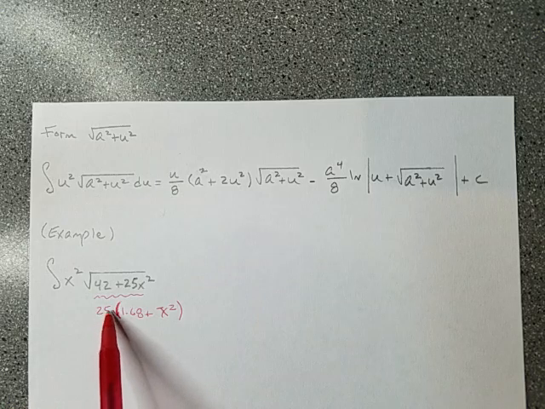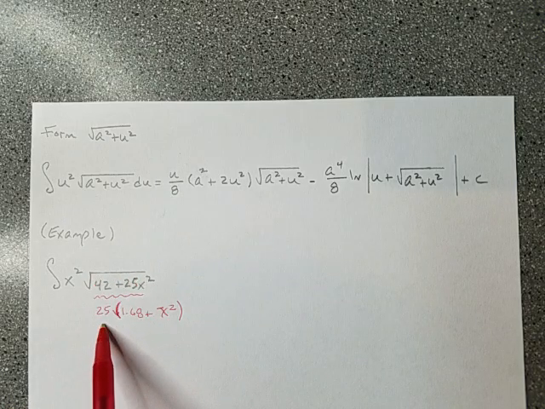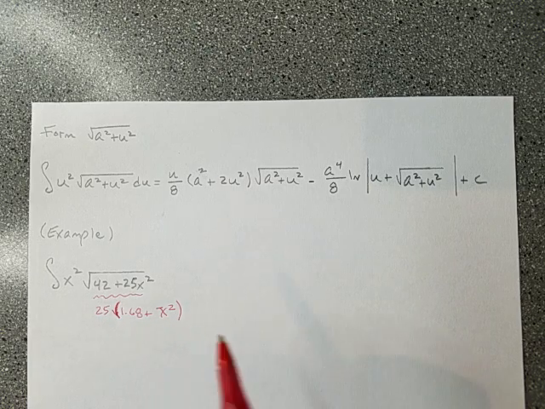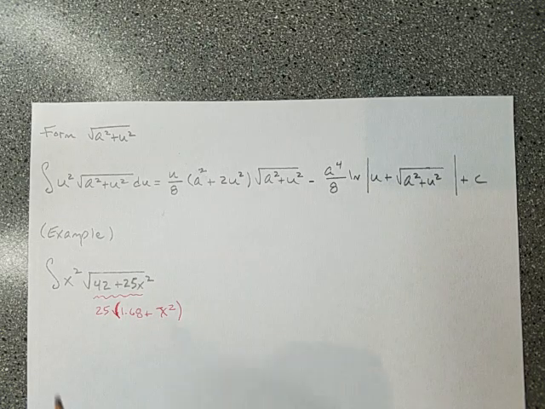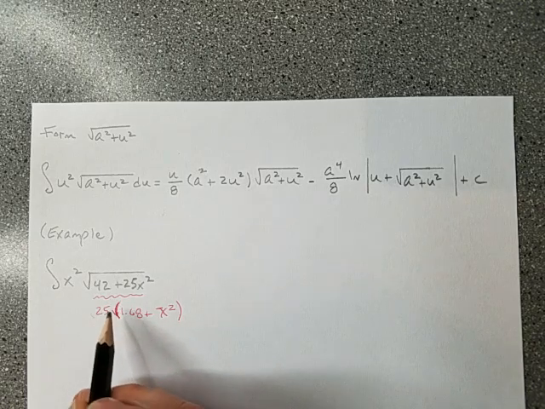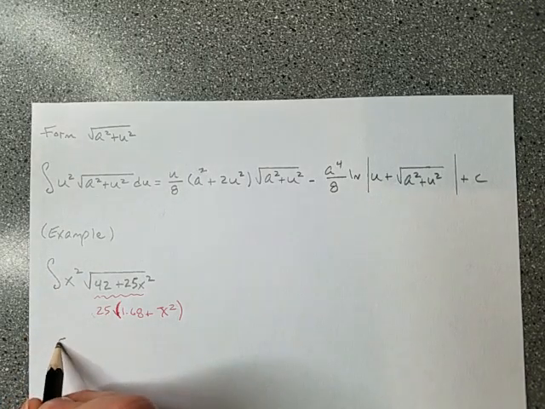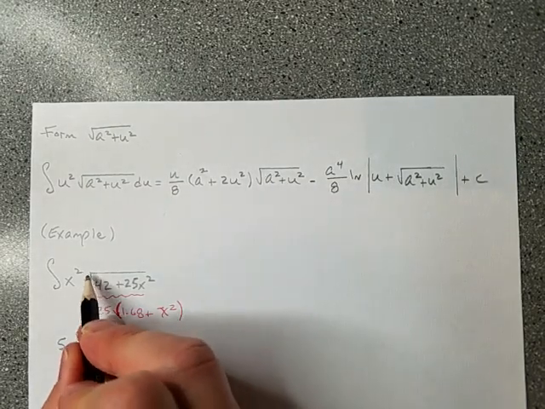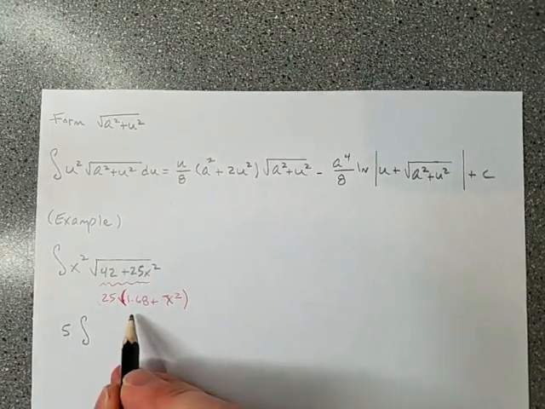So you might imagine that under this root is a 25, and this expression with the sum 1.68 plus x squared. So I'll take root 25 as a constant out of this whole thing. Root 25 is 5. That's going to exit this root and leave the rest behind.